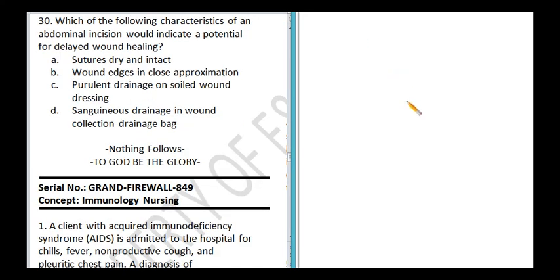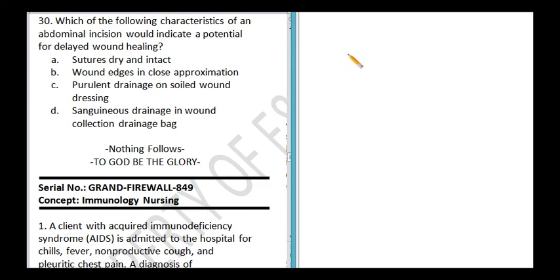Number 30. Which of the following characteristics of an abdominal incision would indicate a potential for delayed wound healing? A. Suture dry and intact. B. Wound edges in close approximation. C. Purulent drainage on soiled wound dressing. Or D. Sanguineous drainage in wound collection drainage bag.